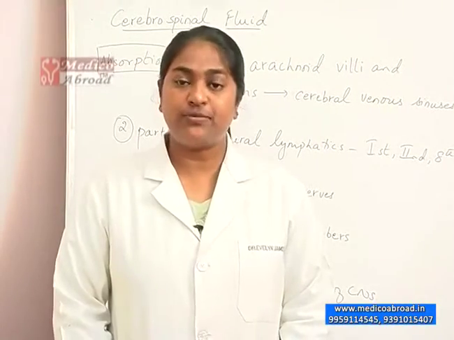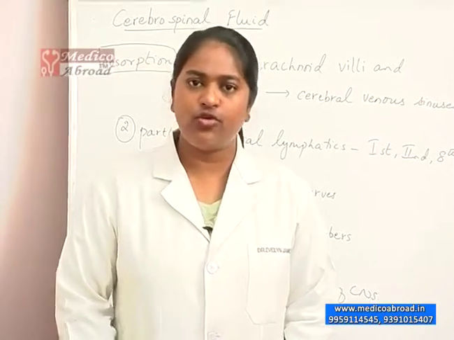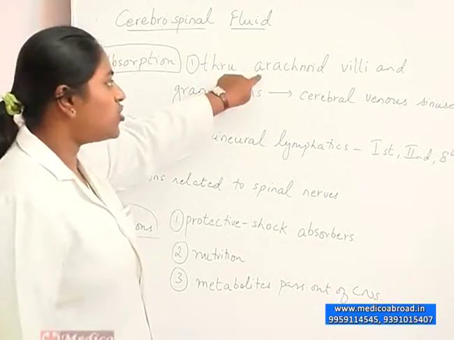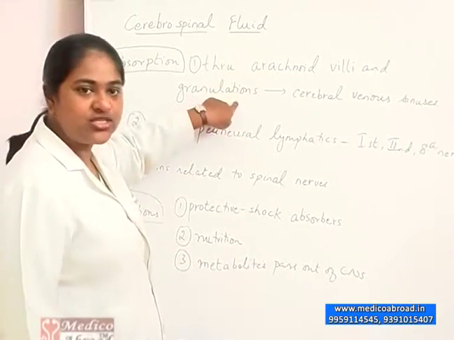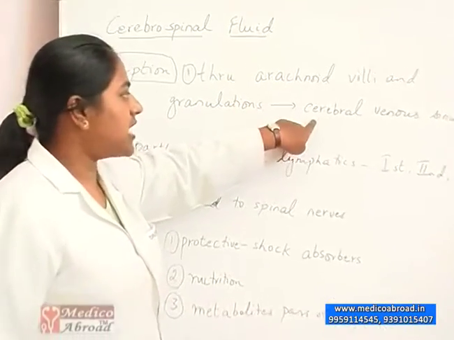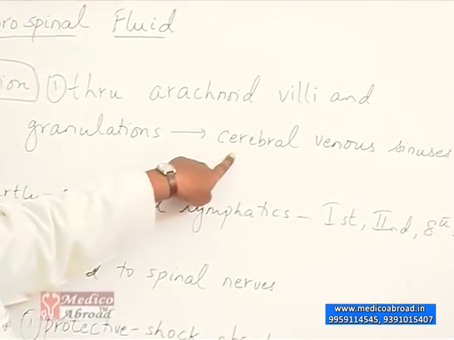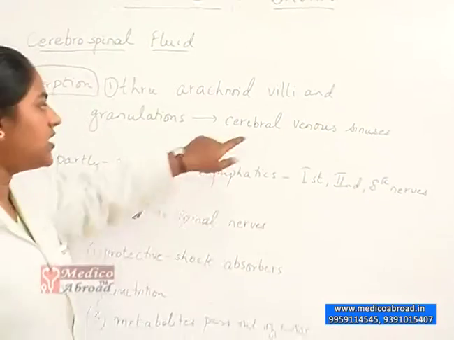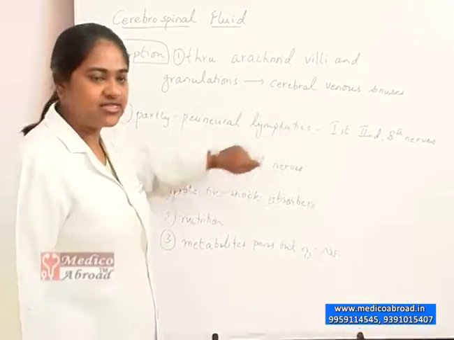Now let's come to the absorption of the cerebrospinal fluid. Most of the cerebrospinal fluid is absorbed through arachnoid villi and granulations and drains into the cerebral venous sinuses.